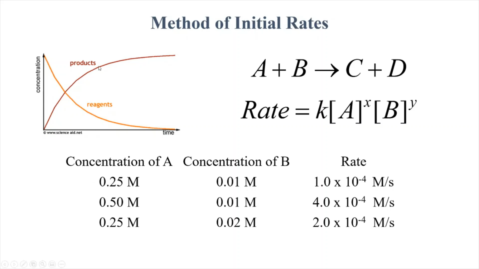And I'm going to show you how we can actually set an experiment up so that these concentrations don't change very much. The reason why we don't want them to change is because we want to know at this instant where the reaction starts, what is the rate, right? So if these things change dramatically within the first second, then we really are not going to get a good representation.